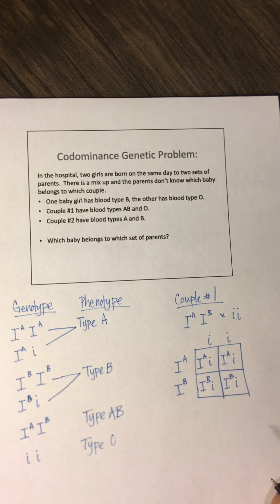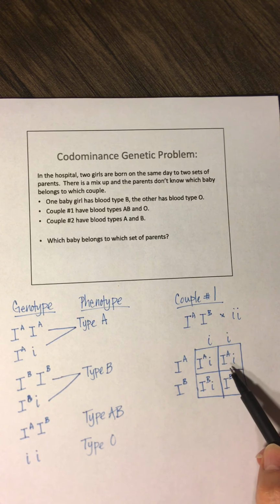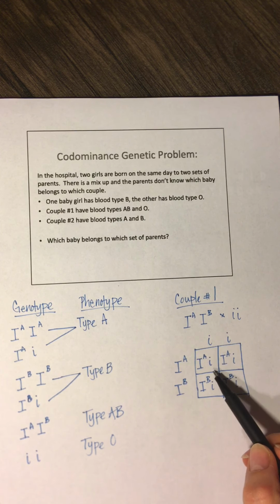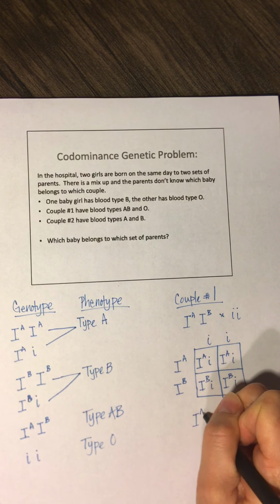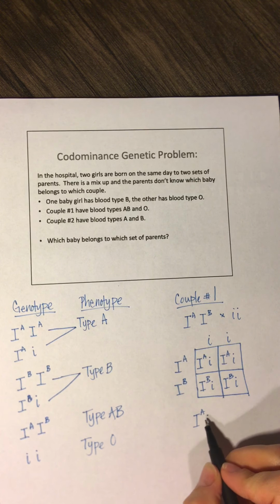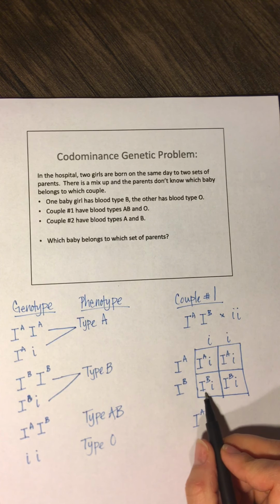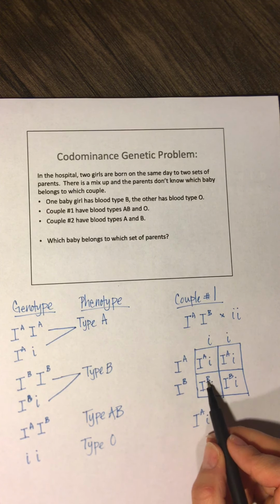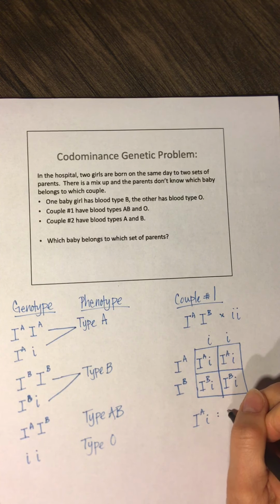So for couple number 1, we see that their blood types can combine and they will either have offspring with the genotype A little i, or they will have an offspring with the genotype B little i. And it's a 50-50 probability.